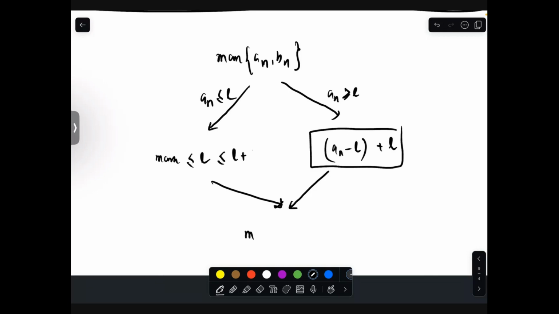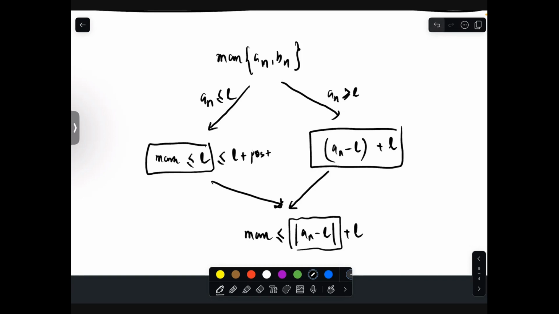So I am saying max is less than equal to the modulus of this quantity plus L. Now for n less than L, the max is less than L, which is less than equal to L plus a certain positive quantity, right? This is always positive. Mod is there. And in this case, this is nothing but an minus L, because n is greater than equal to L.